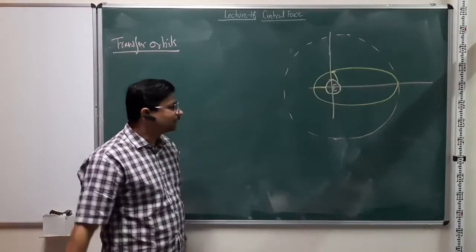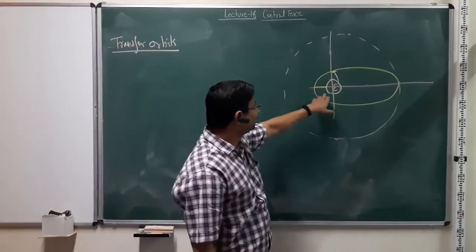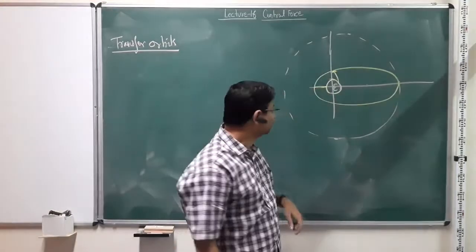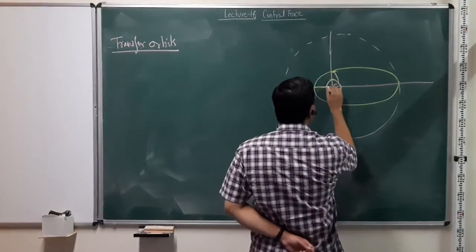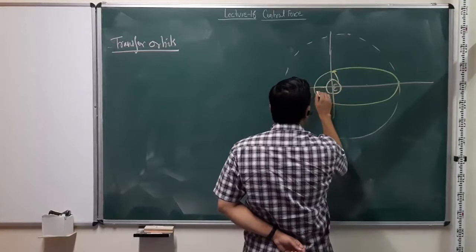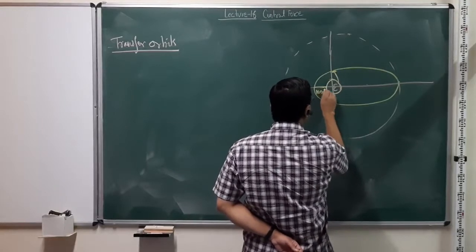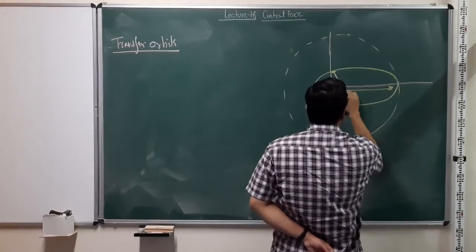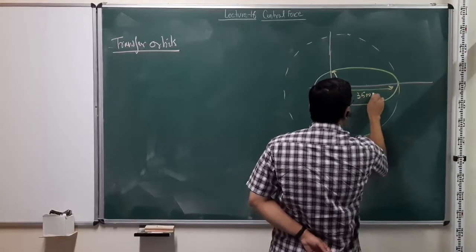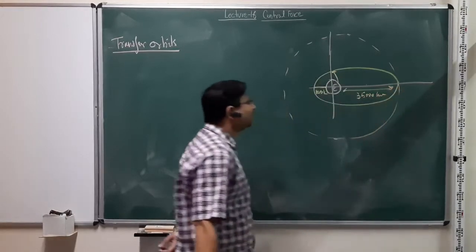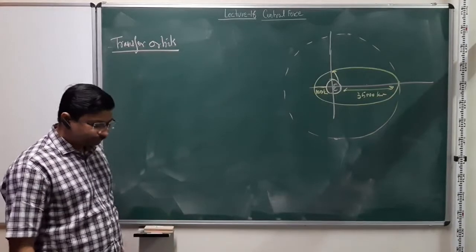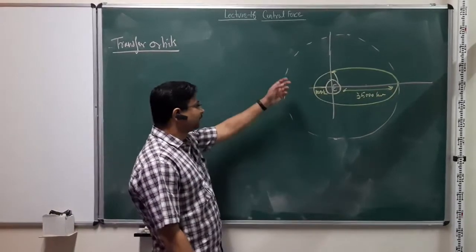Since the satellite is placed in that elliptical orbit, it will come very close to the Earth and then go very far from the Earth at this point, right? So typically this could be of the order of, let's say, about 1,000 kilometers, whereas this could be of the order of 35,000 kilometers, right? If we are actually interested in geostationary orbits, right?